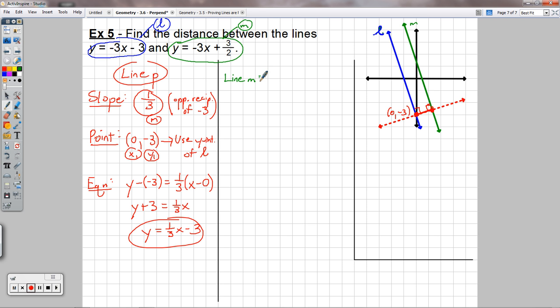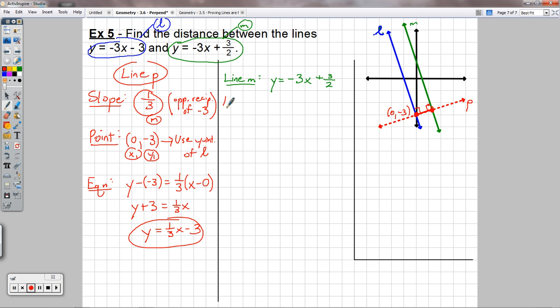So line M that intersects line P right there. This is line P. We're trying to figure out where that intersects. So we could figure that out by setting up a system of equations and solving that system of equations. We've got y equals -3x plus 3/2.